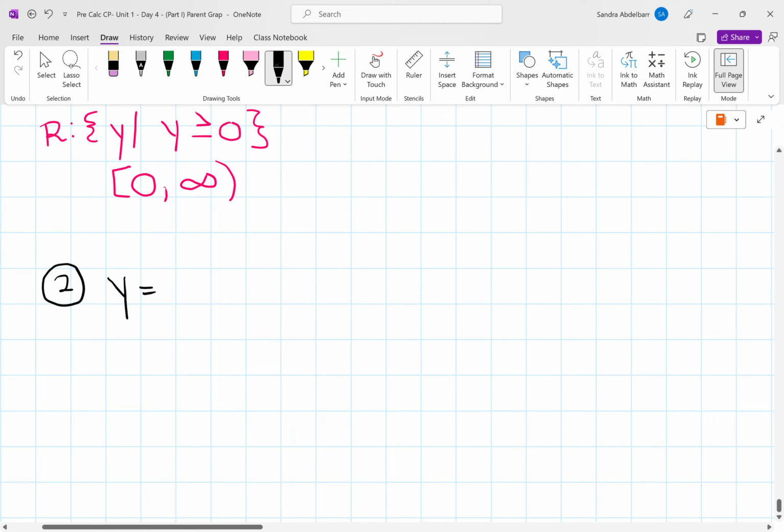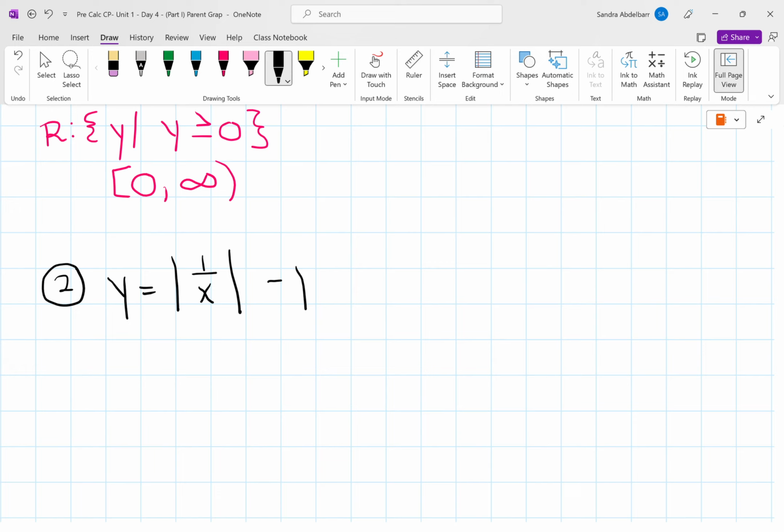Let's do this one. Y equals the absolute value of 1 over x, close your absolute value, minus 1. That minus 1 is not in the absolute value.